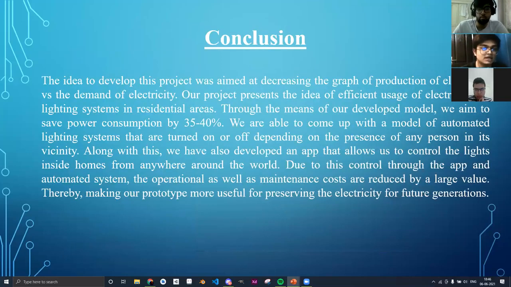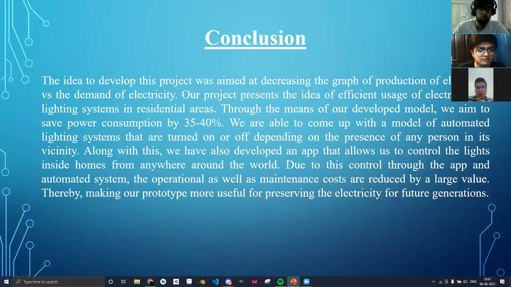Now, as the conclusion, as Devansh said, through the project we are trying to save power, and we believe that through this simple application we'll be able to save power consumption by 35 to 40%.